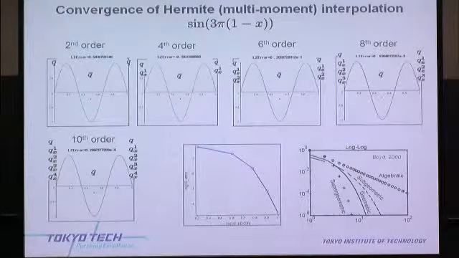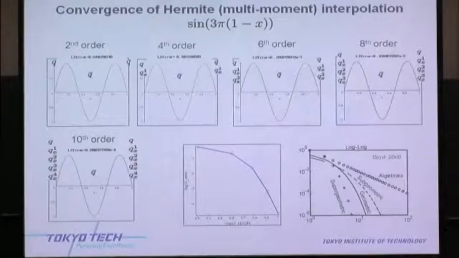Let me show you how Hermite interpolation converges. We start with this sine wave indicated by the red line, and we have one cell integrated quantity and two point values at these two ends. We start with this, and then we increase the derivative. This is the first order derivative at two ends, and then we increase to the second order derivative, and we get a converged interpolation function.